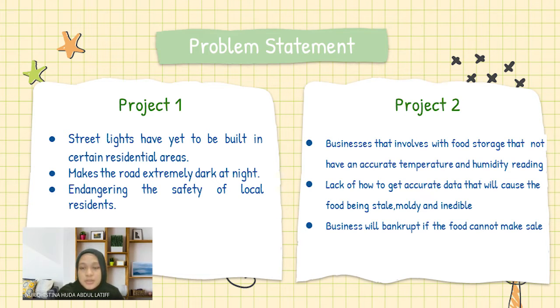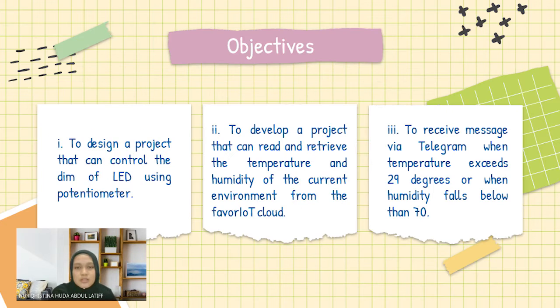For project 2, we have business that involved with the food storage that does not have an accurate temperature and humidity reading, and they also lack a way to get accurate data that will cause the food being stale, moldy and inedible. So the business will go bankrupt if the food cannot make the sale.